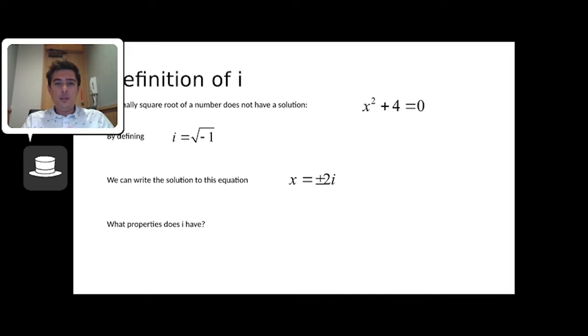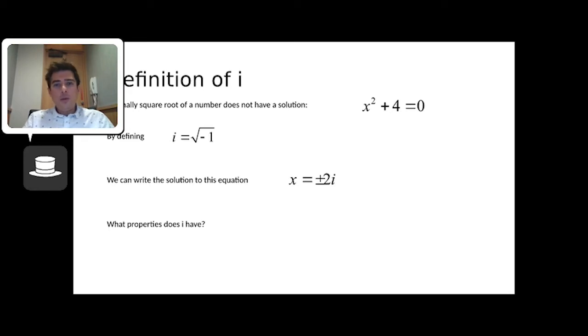Firstly, there's a central quantity present in complex numbers, and this is the thing called i. As we know, if you want to take the square root of a number, it has two solutions.